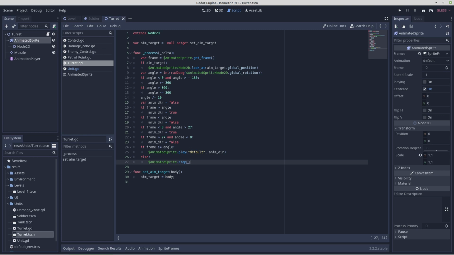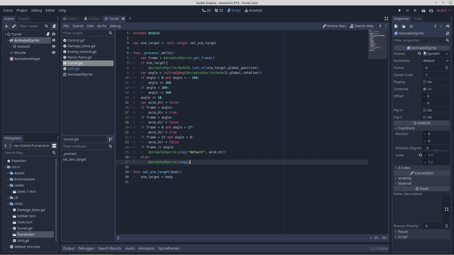So it receives the body, the kinematic body of the soldier. Function process continually updates the variable frame with the current frame of the animation. So it's a number between 0 and 35 to represent the different angles.